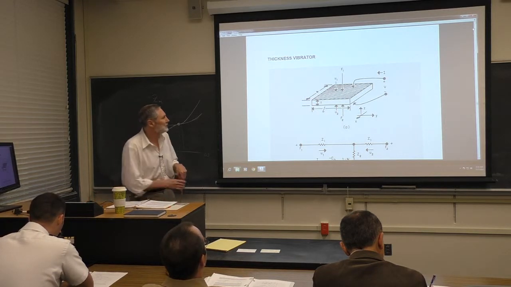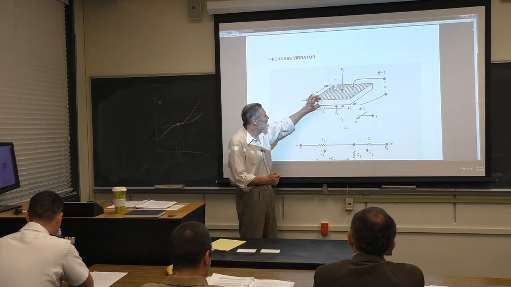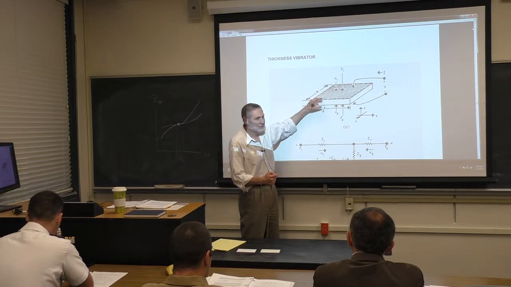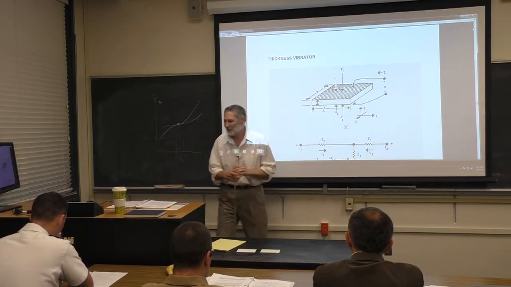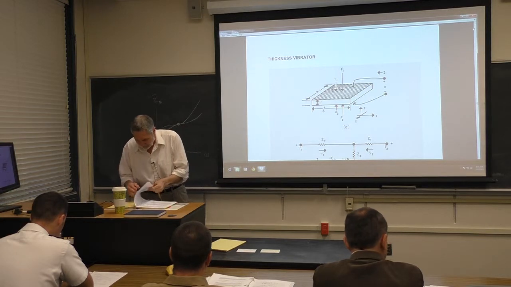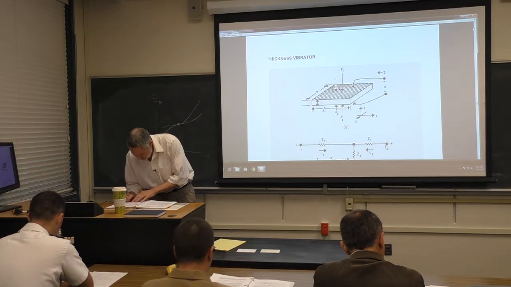Okay, it looks like it's a minor error. We want to look at the fundamental mode here. So it should be T, not L, looks like. I'll check that, but I'm pretty sure that's a mistake.